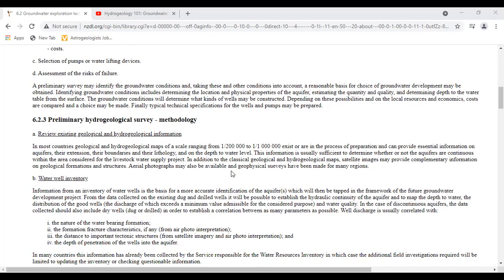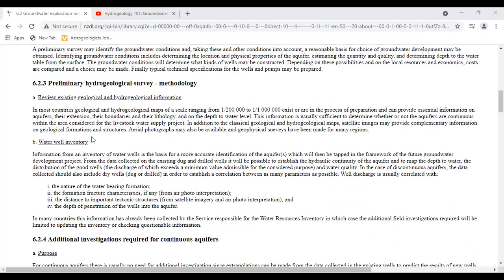Guys, the next step is preliminary hydrogeological survey methodology. In preliminary hydrogeological survey methodology, one of the aspects is to review existing geological and hydrogeological information.